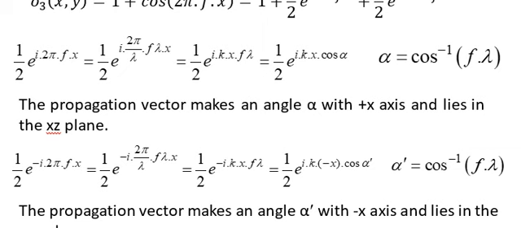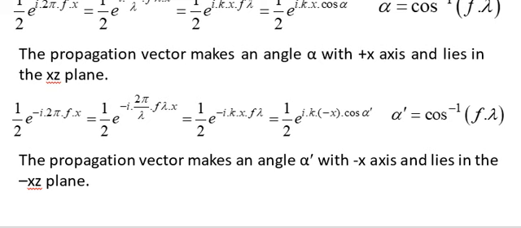So this is one of the point sources, making an angle alpha with the x-axis. The propagation vector makes an angle alpha with the positive x-axis and lies in the xz plane.